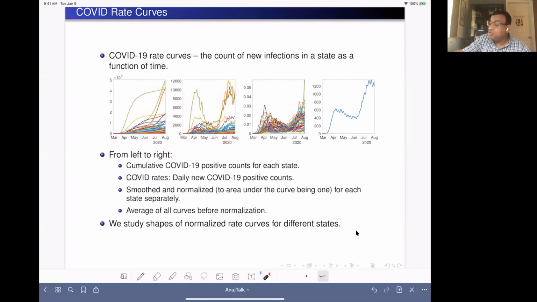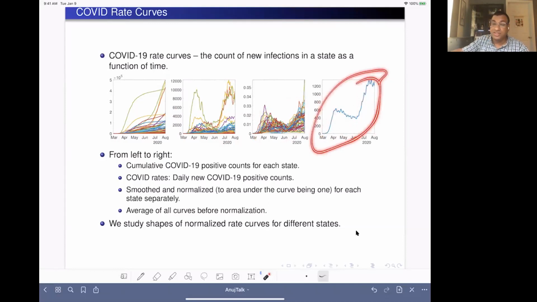So we smooth these curves and normalize them by having the area below the curve for each state be 1. Just vertical scaling. And now we get these curves. This is an overall average curve that we get. You see pictures like this on news channels and in newspapers. This is till the start of August.